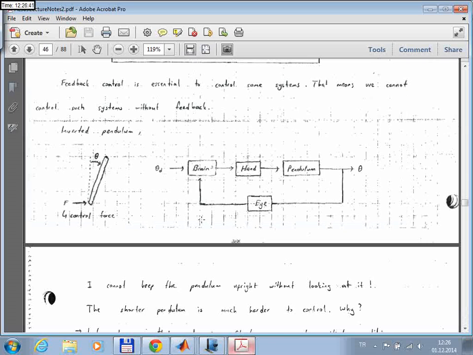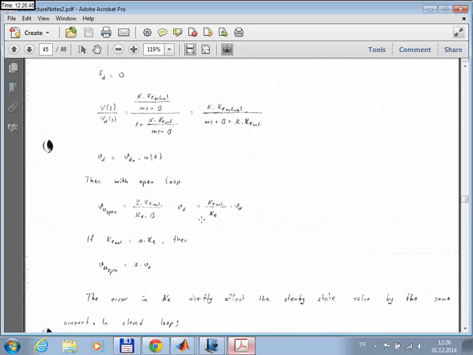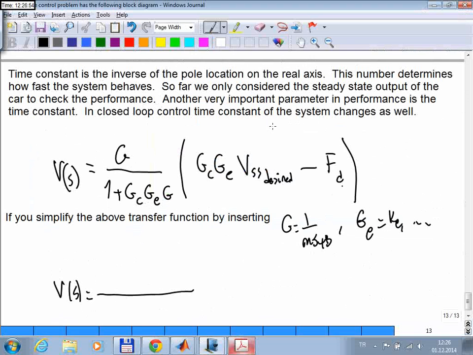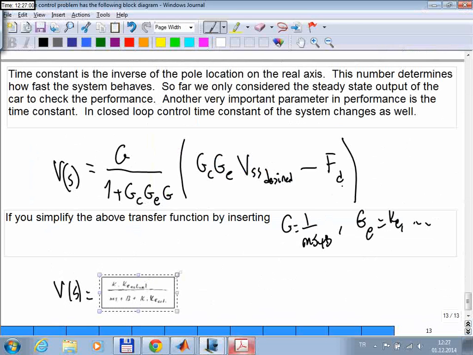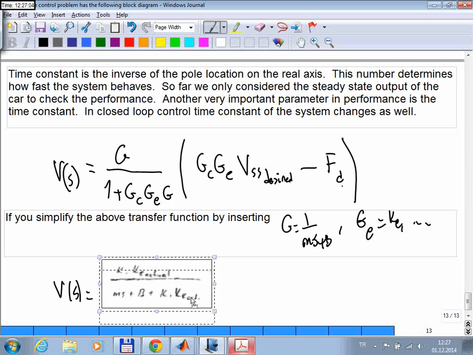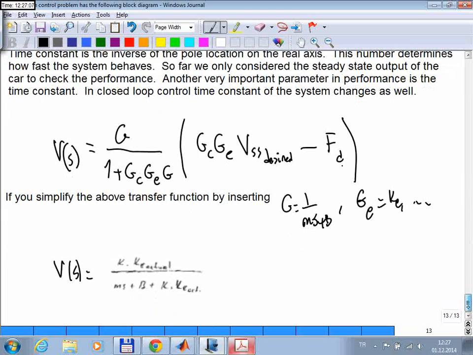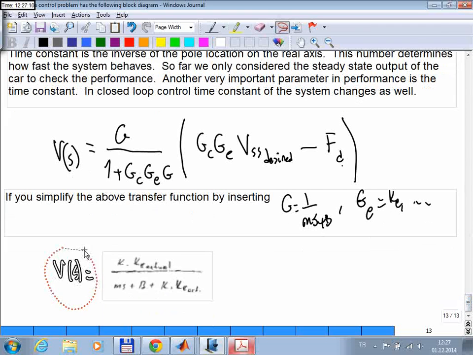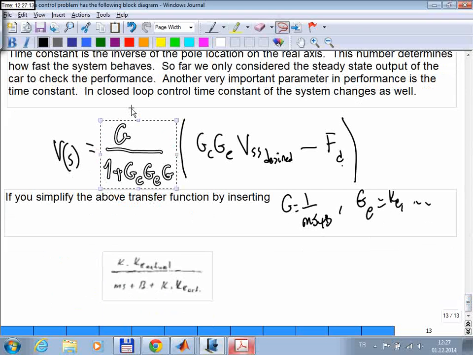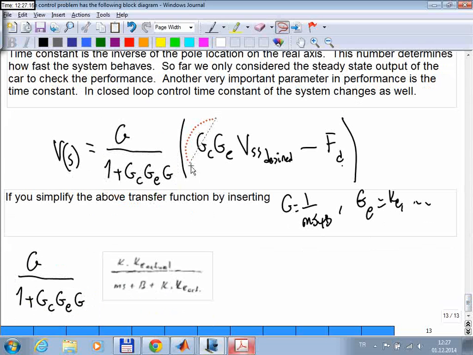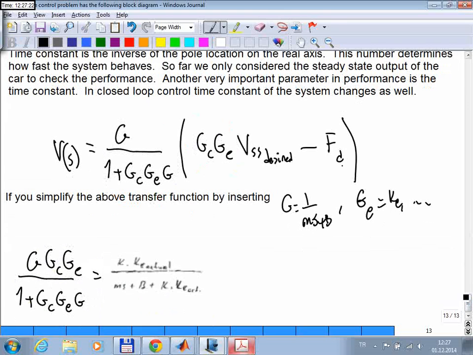Let me see. Okay, so if you look at the denominator, it has ms plus b plus k times ke.